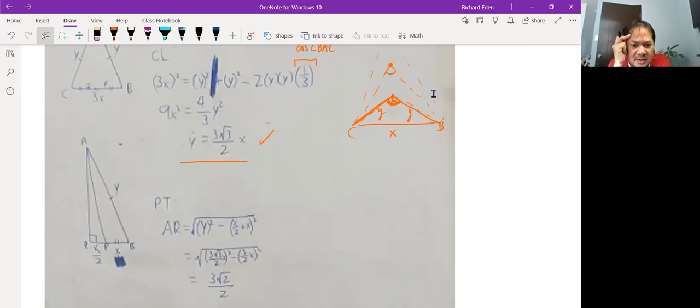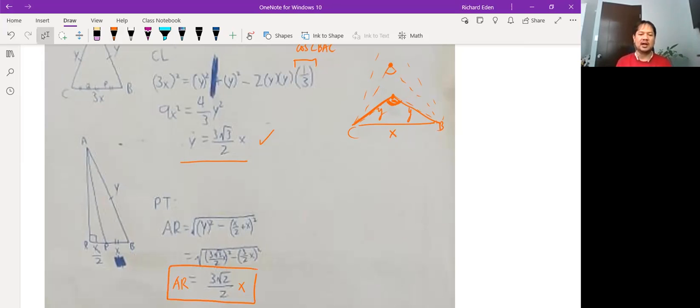All right. I guess you forgot the x here. Sorry, opo. May X dapat po. The 3 square root of 3 over 2. So meron tayo 3 halves, 3 minus 1, 2 square root of 2. All right. Okay. So this is correct. AR is indeed equal to that.